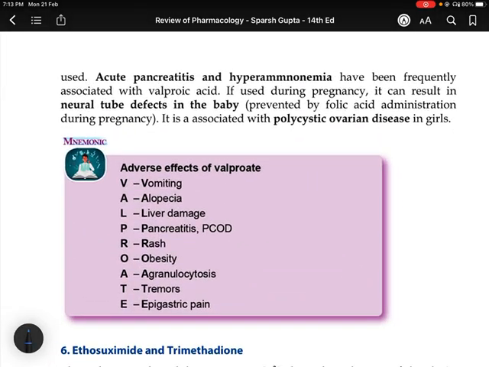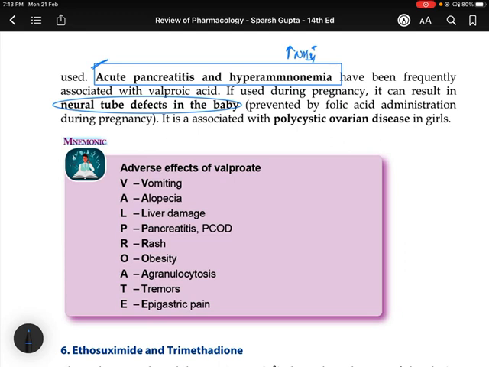And acute pancreatitis and hyperammonemia, which means ammonia is increasing, have been frequently associated with valproic acid. This is very important: acute pancreatitis. And if it is used during pregnancy, it can result in neural tube defects in the baby, and it can be prevented with folic acid administration during pregnancy.